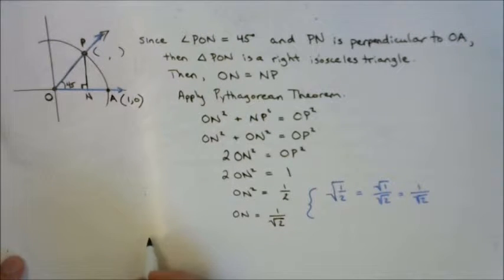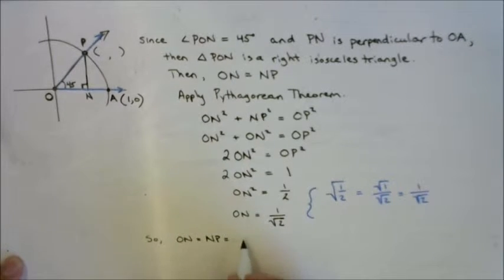So, what do we discover? ON, which equals NP, equals 1 over the square root of 2.